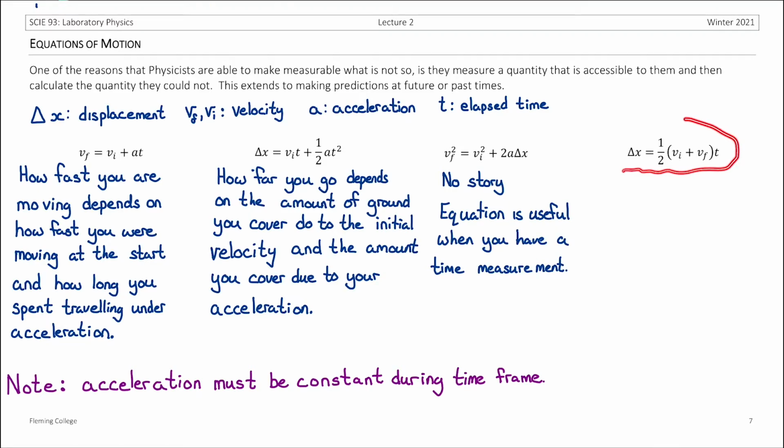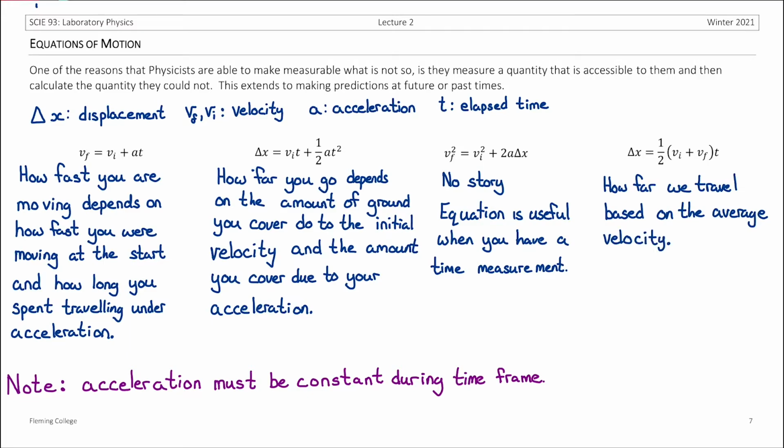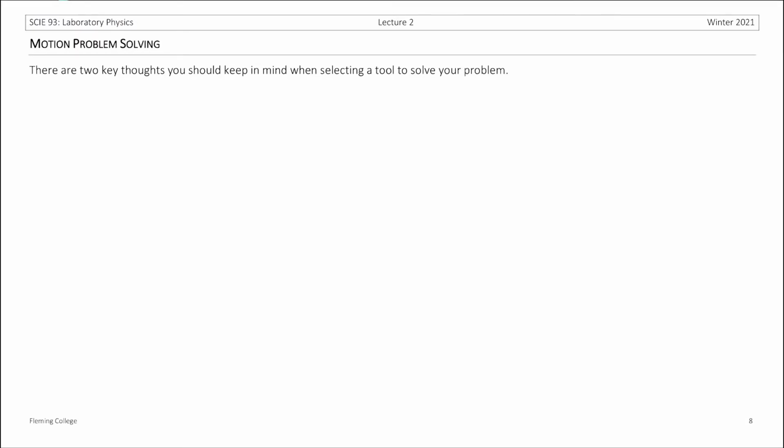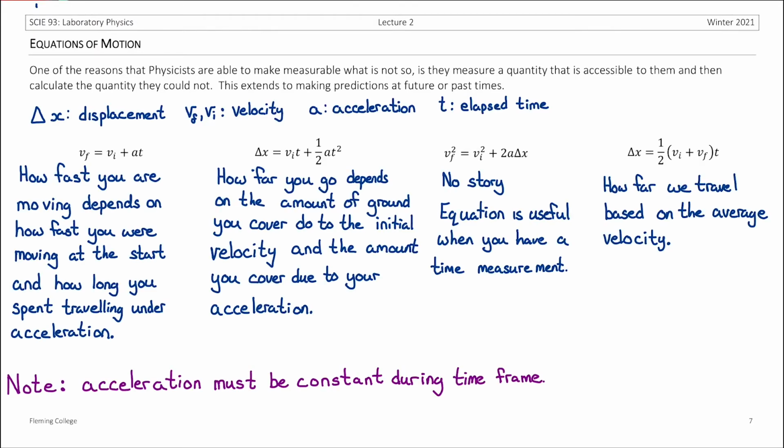And in the final equation, we can see that the amount of ground we cover is based on our initial and final velocities and how long we were traveling. If you look closely at this formula, the highlighted portion is the way we calculate your average velocity over a time frame.